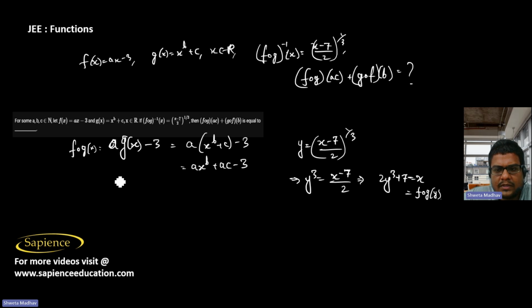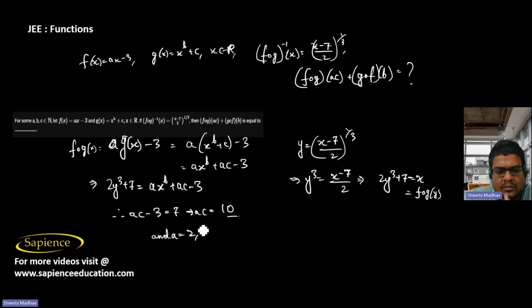So therefore f of g of x, that is equal to 2y cube plus 7, is equal to ax power b plus ac minus 3. So therefore I can say ac minus 3 is equal to 7, and ac will be equal to 10. And then a will be equal to 2, so c equal to 5, and b equal to 3.